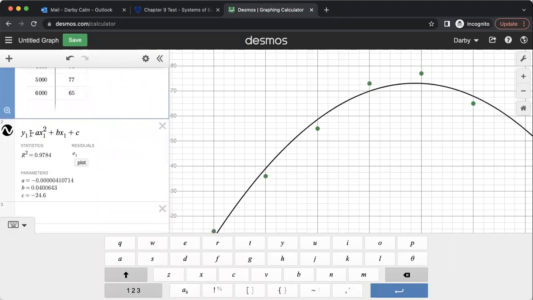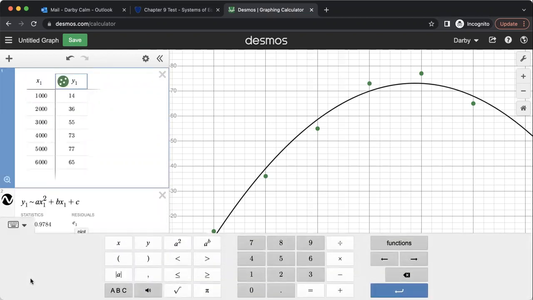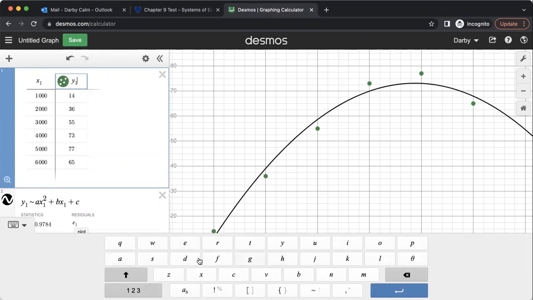And the second thing is, instead of an equal sign, you're going to put this little squiggly line. You get to that by clicking the keyboard in the lower left, then clicking on ABC to get the keyboard, and there's the squiggly line on the bottom row. So those are the two things.